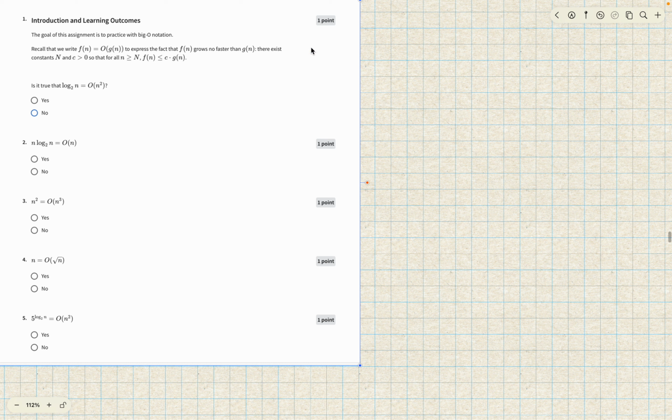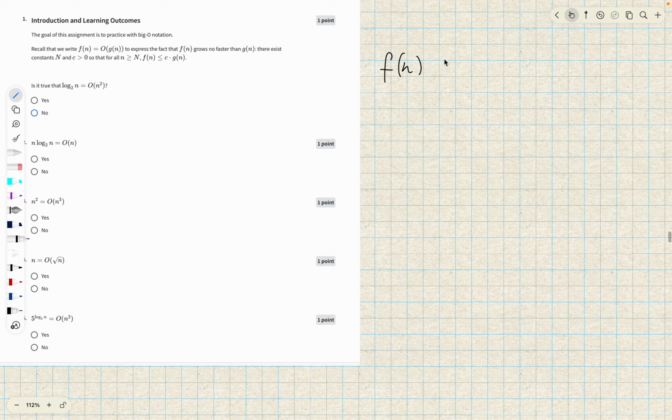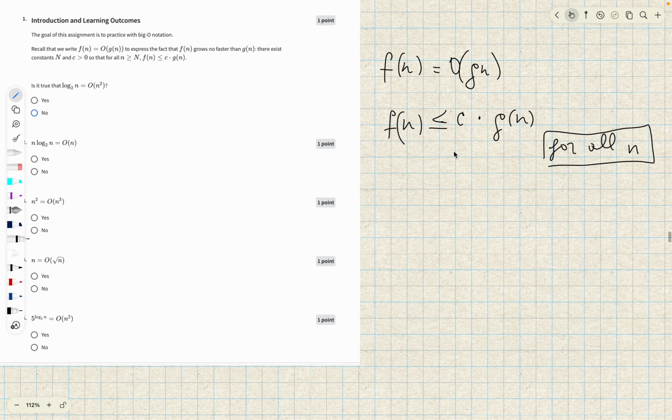So it says here that F(n) is big O of G(n) when we can find a constant C such that C multiplied by G(n) is bigger than F(n) for all n's. But it's not for every n.